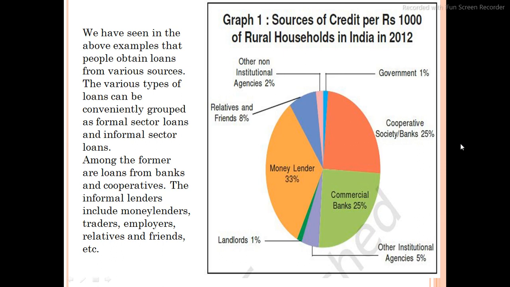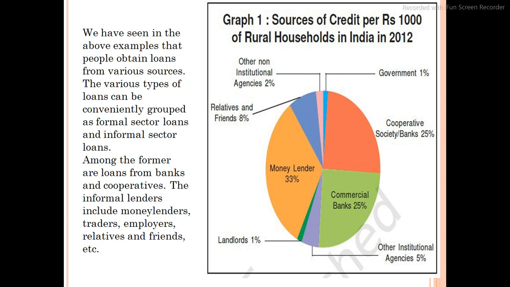So we are observing here other non-institutional agencies 2%, government 1%, cooperative society bank 25%, commercial banks 25%, other institutional, right? Then landlords, then relatives and friends. By seeing this, you are understanding the sources of credit per thousand of rural households in India, and the data is of 2012.